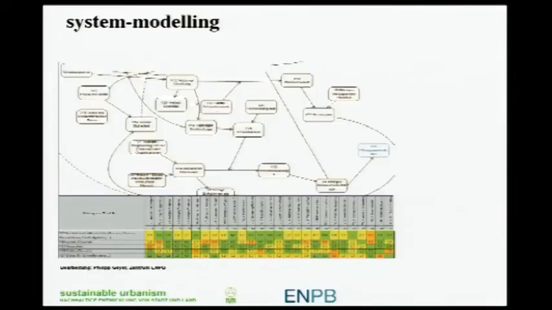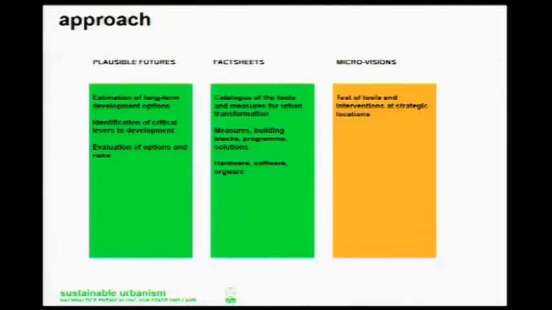We also looked at system modeling and how these things then would hang together. But yeah, the way we started was much more incremental and really reacting on the locality and specific local opportunities rather than trying to make the overarching vision work.